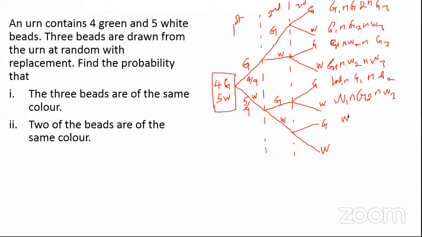Then white 1, white 2, and green 3. White 1, white 2, and white 3. So now where do we have all the 3 beads being of the same color?